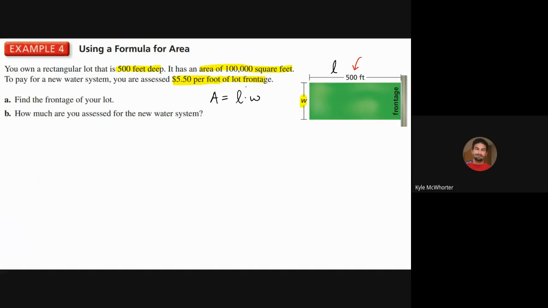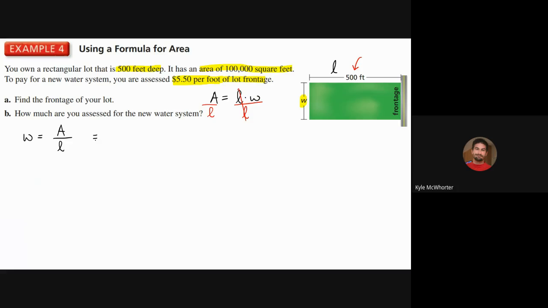So if we wanted to find the width, we could take this and divide both sides by the length, because that would get the width by itself. And that gives us the formula W equals A over L. Width equals area divided by length.